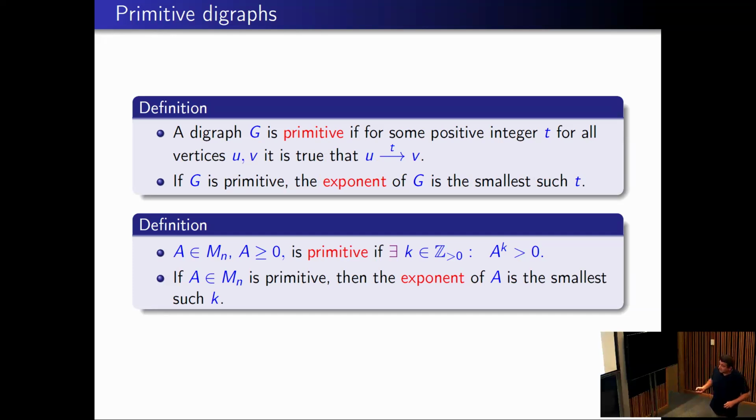So the original matrix is non-negative, and I'm searching for the power which is positive. And once it becomes positive, just by definition of product, it is positive forever, which is matricially even more evident. And the smallest such k is of interest, and it is called the exponent.